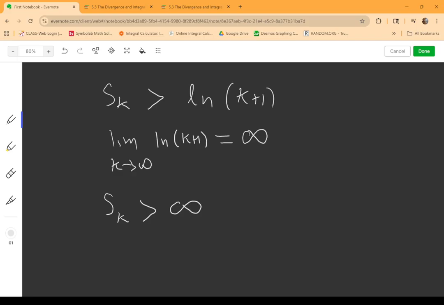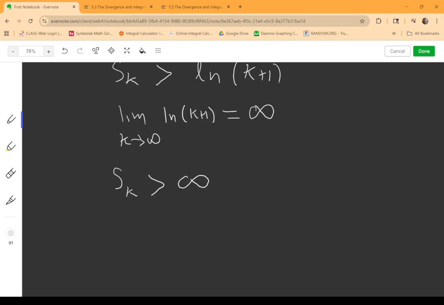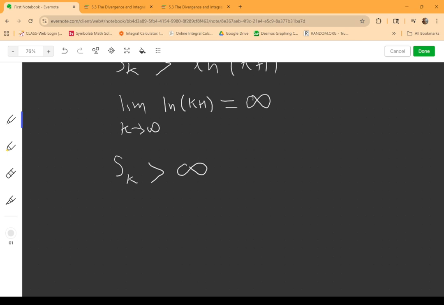But compared here, when we have something like this, what that integral is telling me, since that integral is going to infinity, is that the kth partial sum is also going to infinity, because it's larger than that integral. So using the integral, I have shown that this sum of 1 over n is divergent because the partial sums are unbounded essentially.